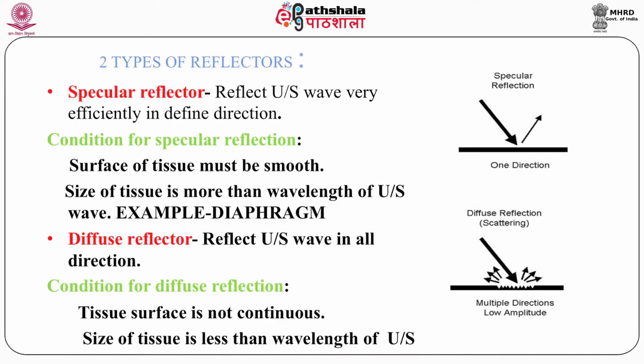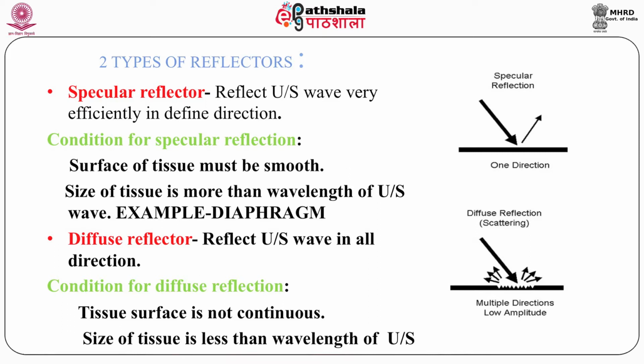Now coming to the types of reflectors, there are two types: one is the specular reflector, and the second is the diffuse reflector. The specular reflector reflects the sound beam very efficiently in a defined direction, for example a diaphragm as shown in figure 5, which produces a higher amplitude of echo.